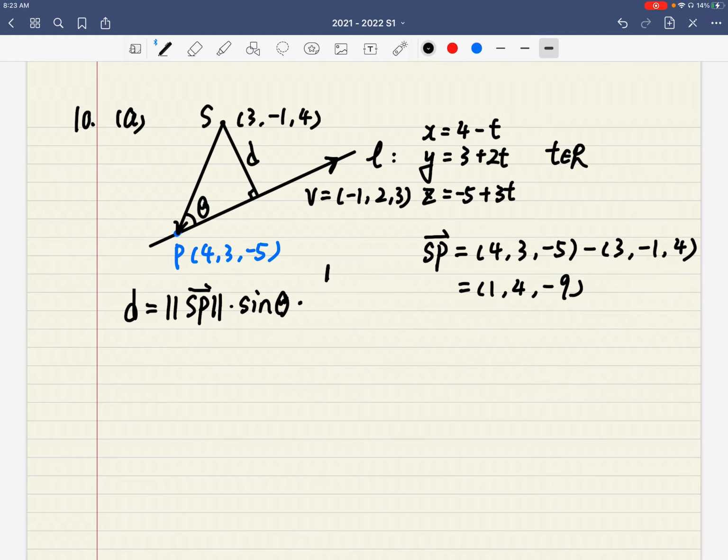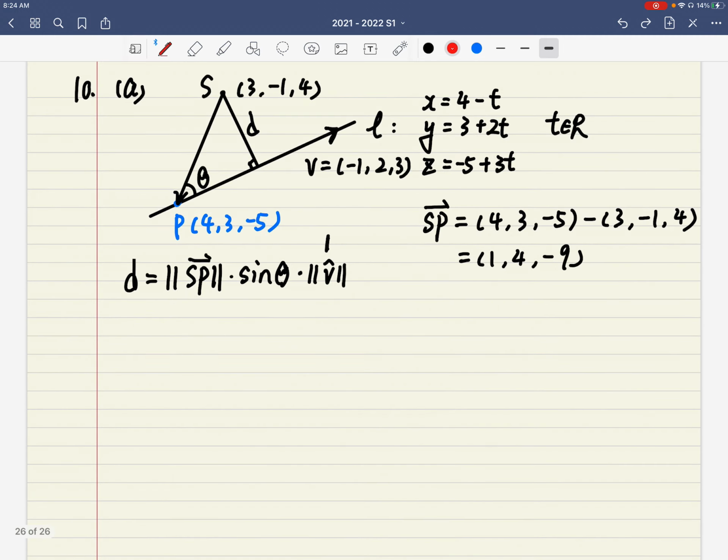Back to the equation. Instead of writing times 1, write it as times the length of the unit vector of V. Why can we do this? Because the length of a unit vector is always 1, so it doesn't affect the value.